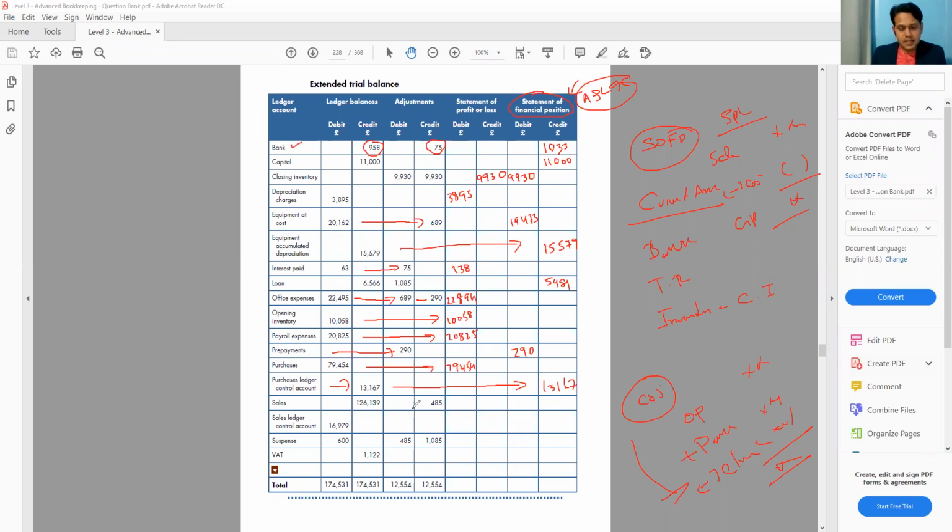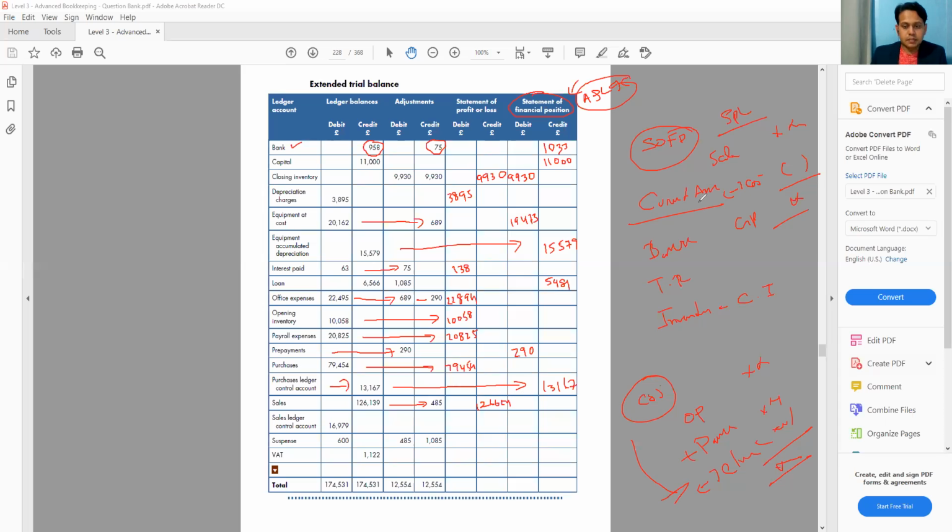Then we have sales. Sales is income. Sales is always a credit. And we can see we have another credit, so that will definitely be added. So sales, we have 126,139 plus 485. So the total sales will be 126,624. Very well done, Amit.